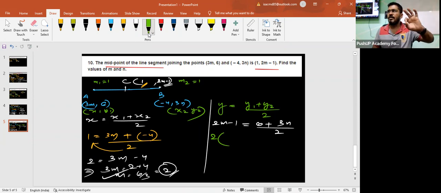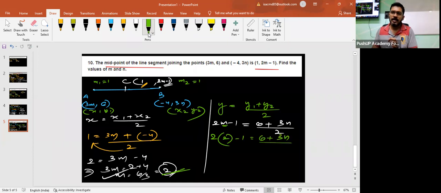Children, I have already found the value of m. How much is it? 2. Albina, isn't it? The m value is already found, so I can substitute that value of m into the second equation. On the left hand side you have 2m minus 1. It becomes 2 into 2 minus 1, which is equal to (6 plus 3n) divided by 2. 2 into 2 minus 1 is 4 minus 1, which is equal to 3.